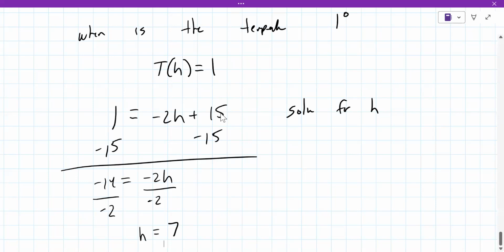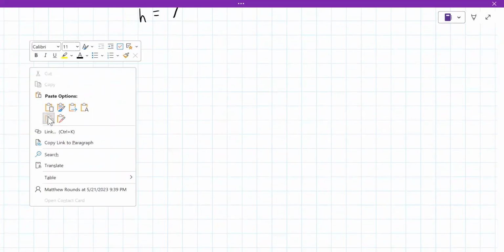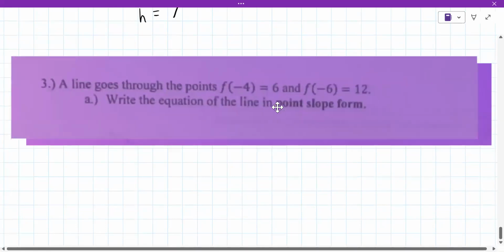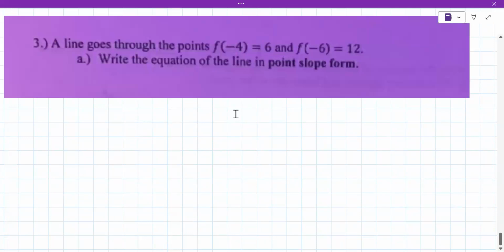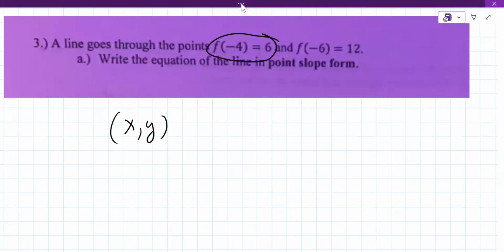Okay, so next grouping of problems. We did work on this earlier in the week, or last week, because it's a new week today. Can you tell me the x, y pairs from each of these?